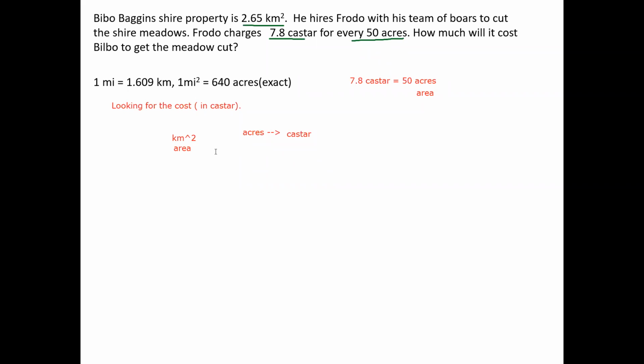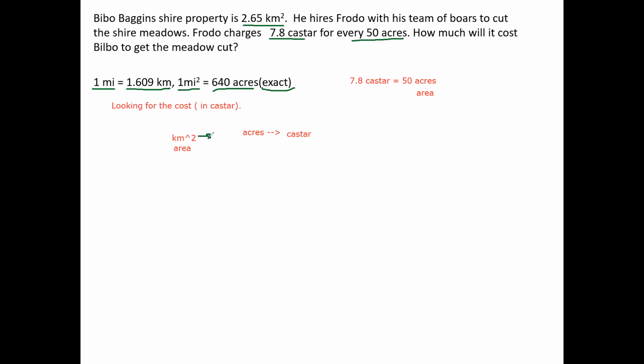But if we look at the other conversion factors given to us, 1 mile is 1.609 kilometers, 1 mile squared is 640 acres. And this is an exact conversion. So if we can find out how many kilometers squared are in a mile squared, then we can convert miles squared to acres. So this is the missing link in this problem.